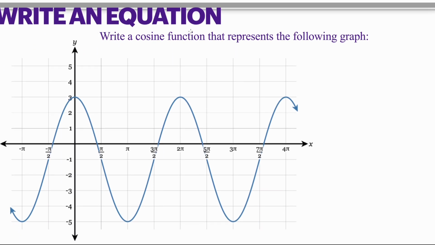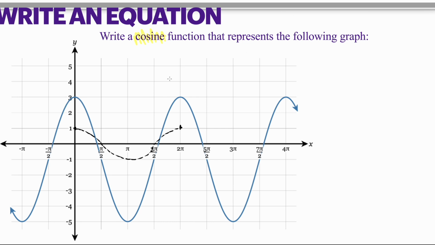Okay, we are going to write a cosine function, again, looking at cosine, and the original cosine graph starts at 0, 1, and it goes down at pi, back up, and starts again at 2 pi. But this graph goes up to 3, but down to -5, which means it shifted.